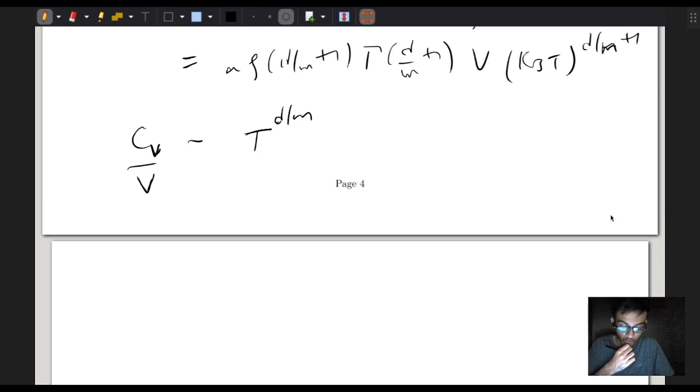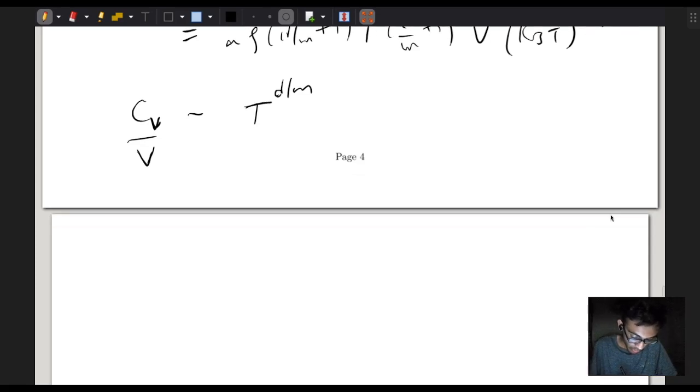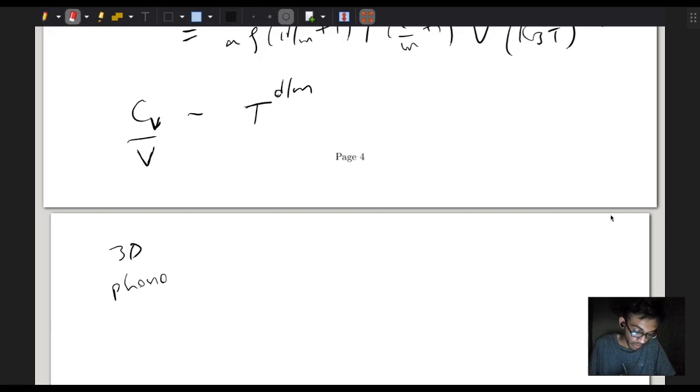So the low temperature specific heat for phonons: in 3 dimensions, if you look at solids or crystals, the phonon contribution to specific heat goes as T cubed.